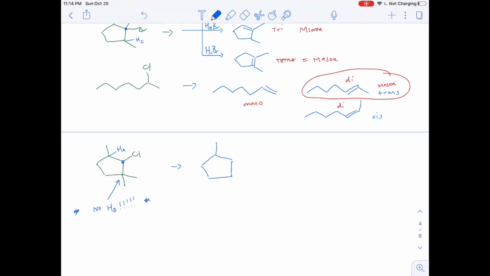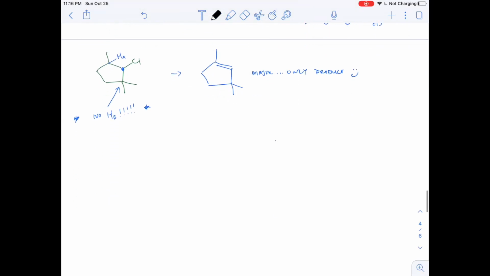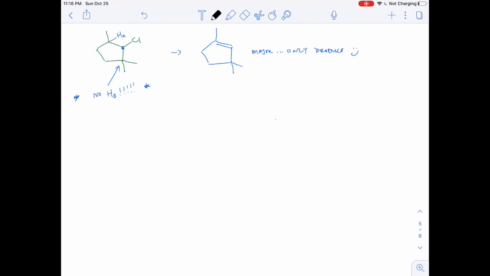That's because it's a quaternary carbon right there, and there's 4 bonds to it already, no hydrogens on there, and so this is the major product as well as the only product. Really important that we can identify this. If we created a carbon-carbon double bond there, then we would have 5 bonds. So that's definitely going to be asked.